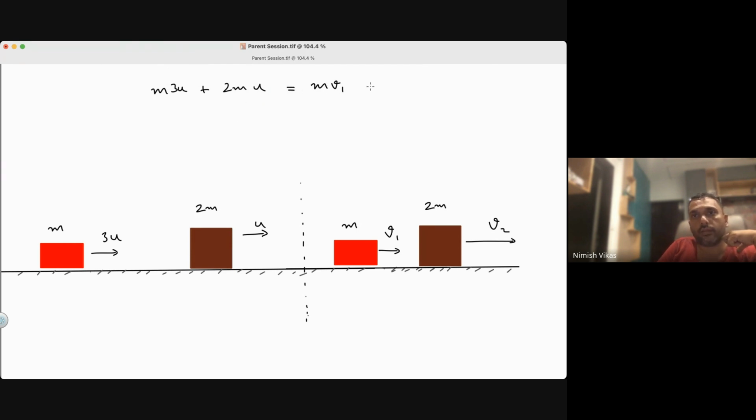Equal to mv1 plus mv2. Okay. Now, the same thing, if we consider this body alone, and see what is happening to this body. I'm just doing theory, okay? Then how do we look at it?